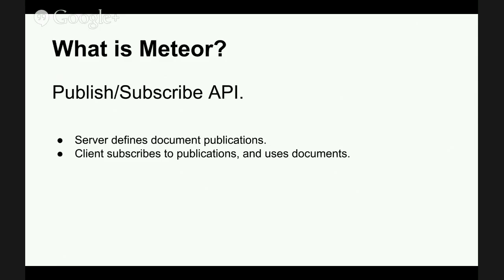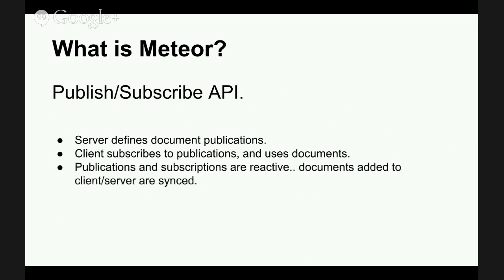So the publication sends that data over a socket to the client as soon as the client requests it and gives it the context it needs, and the client uses those documents. And as I mentioned with the templating system, publications and subscriptions are reactive. So documents added to the collection of documents that belong to that publication on either the client or the server are synced.